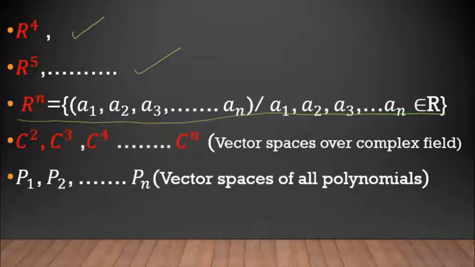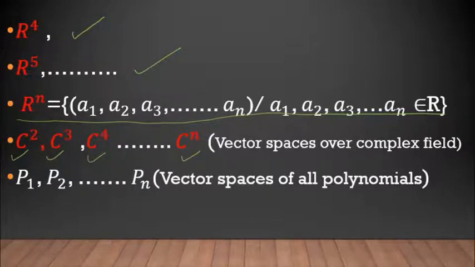Similarly, C2, which is the vector space containing all two-dimensional vectors with complex numbers as elements, and C3, 3-tuples, C4 and so on to Cn, are all vector spaces over the complex field.